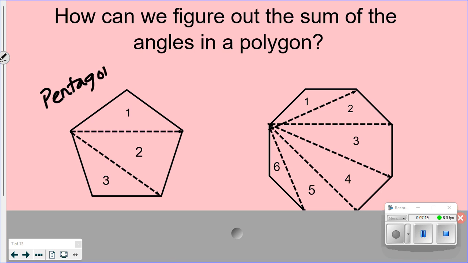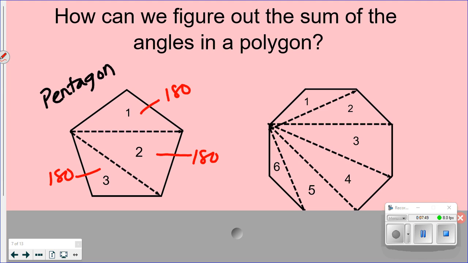There's a way to determine, by using the same formula, how many degrees are in every single polygon. So let's look at this pentagon. If you notice, I split it into three different triangles using my diagonals. I connected vertices together, and I created triangles. So I know that this is a total of 180 degrees, this is 180 degrees, and this is 180 degrees.